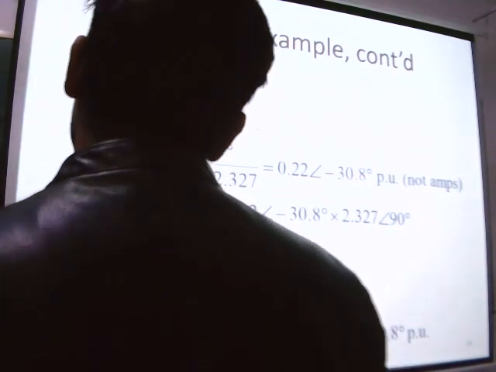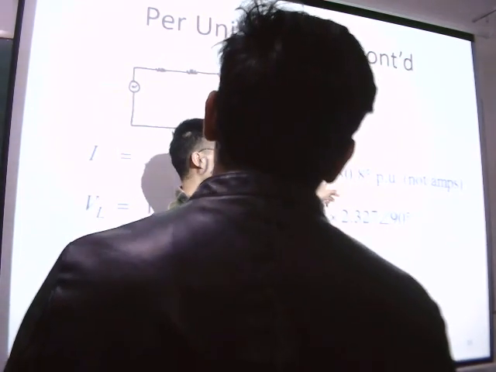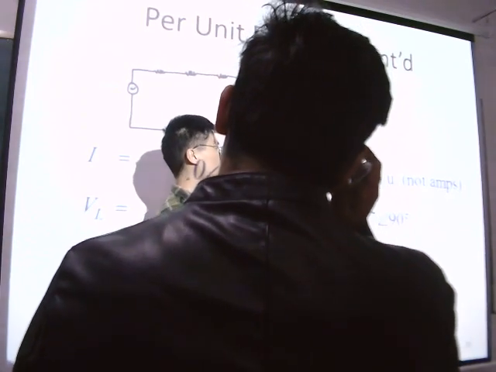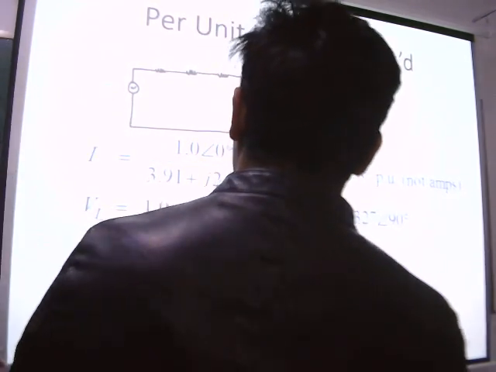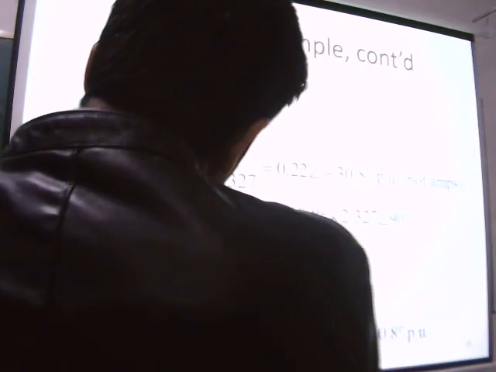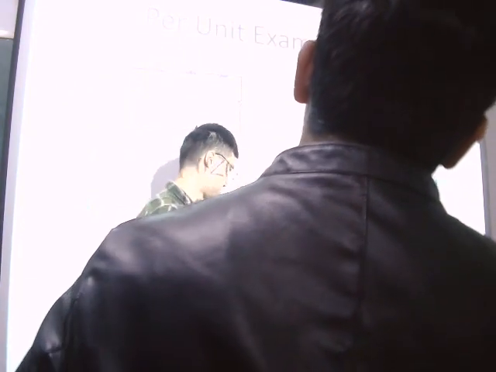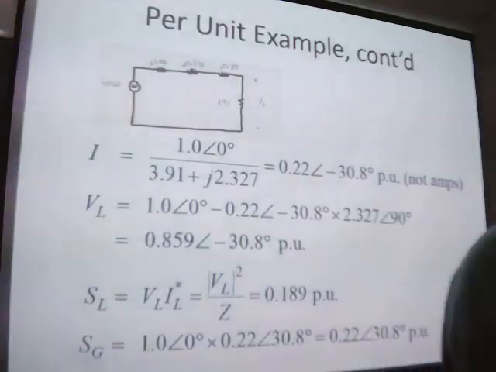So the conjugate matters. You see the minus 30.8 degree, and the positive 30 degree, 0 degree.